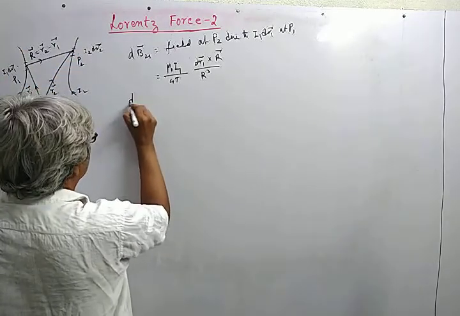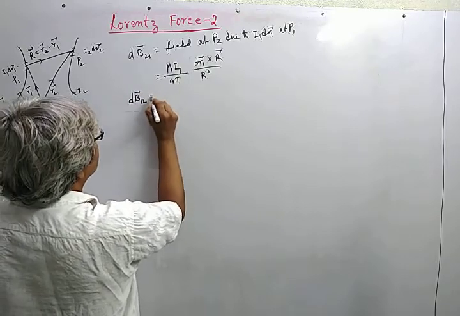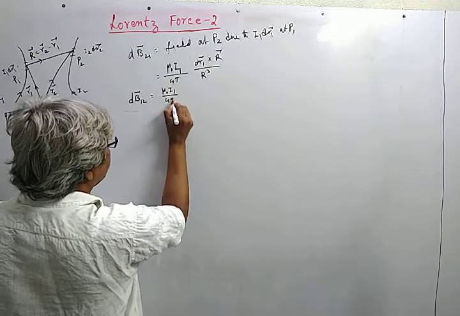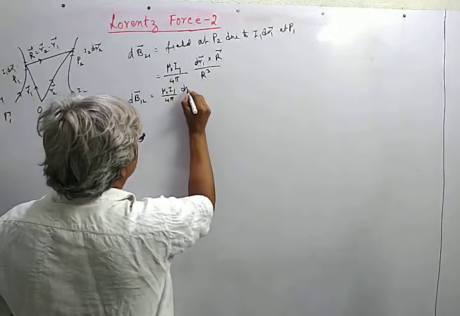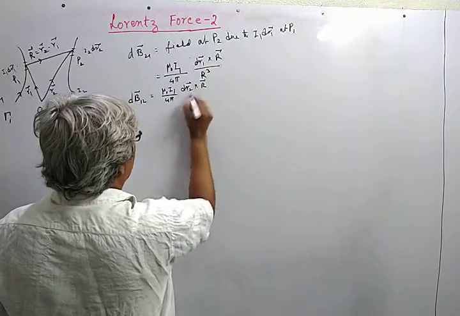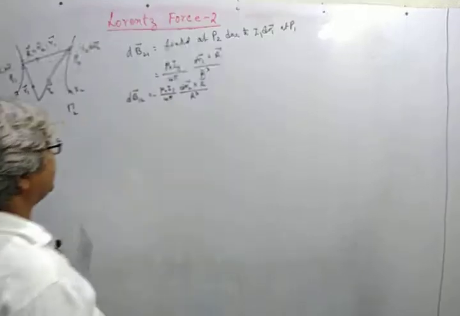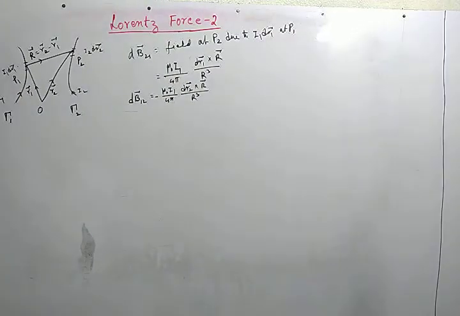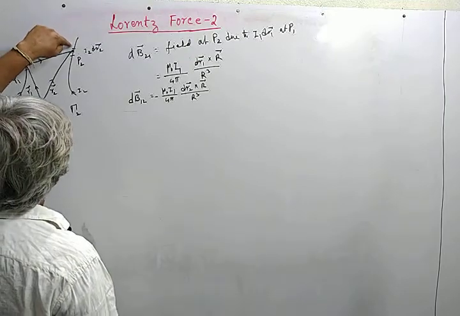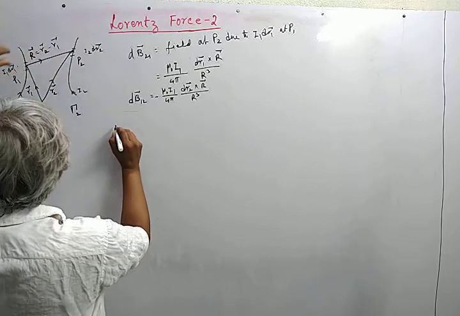Similarly, dB12 is equal to mu 0 I2 upon 4 pi dR2 cross minus R, and this is R cube, so minus sign is here. Now we want to find out what is the force that acts on I2 dR2 due to this.